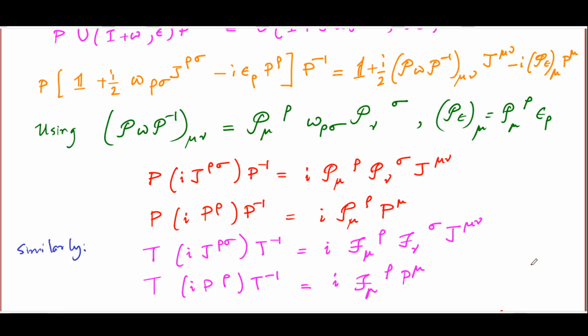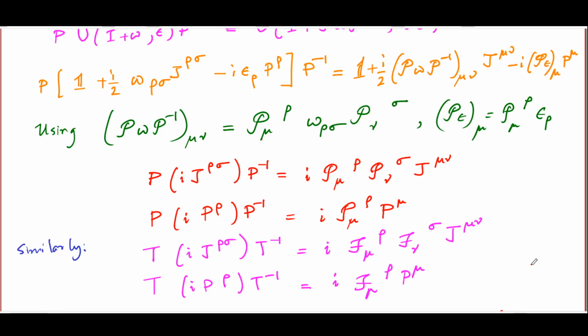In other words, the I, which is multiplying the omega rho sigma J rho sigma or the epsilon rho P rho, may not necessarily come out unchanged from capital P or capital T. We have to be open to the possibility that either capital P or capital T or both of them may end up being anti-unitary, in which case bringing the I out would actually change the sign of it.